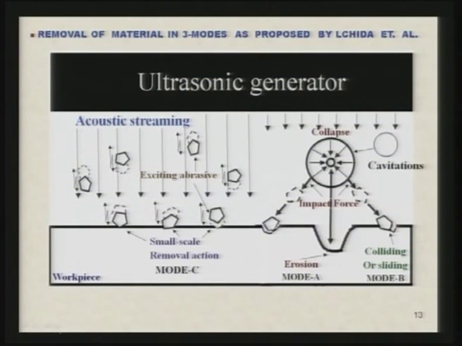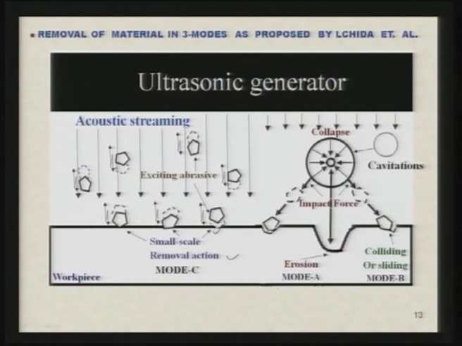In this one, all the three modes of the removal of the material are shown. You can see here, this is the ultrasonic generator, this is the workpiece, and in between there is the slurry, and then you can see the excited abrasive particle here. In case of mode C, you can see the kind of the crater formed over there.